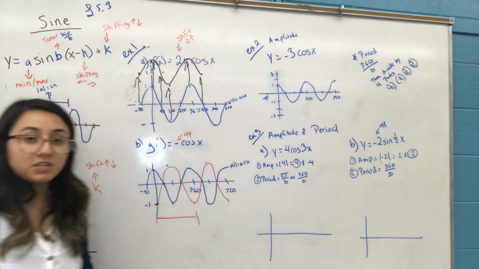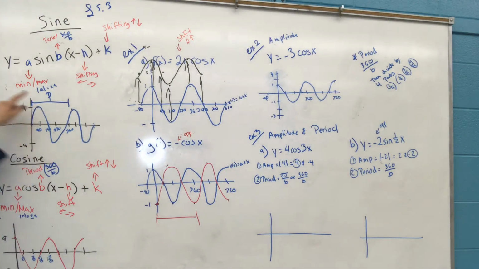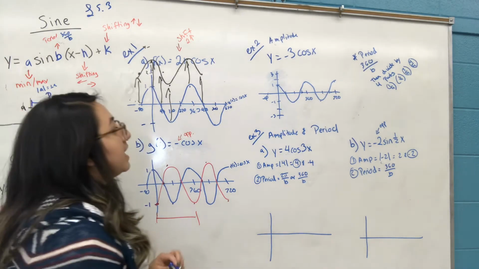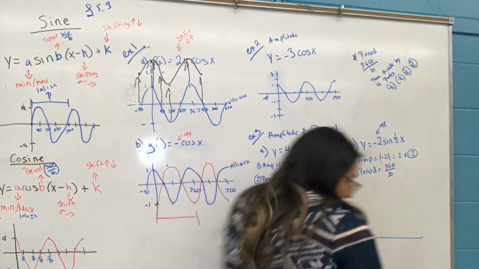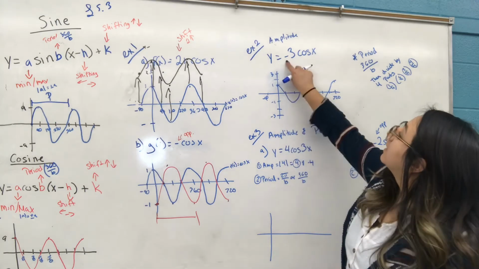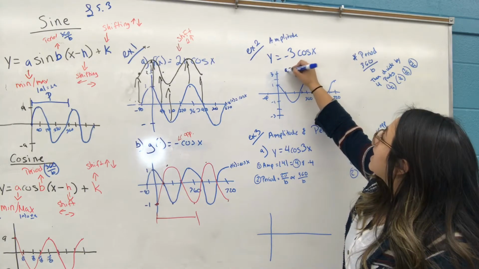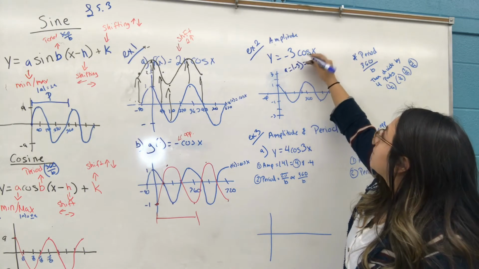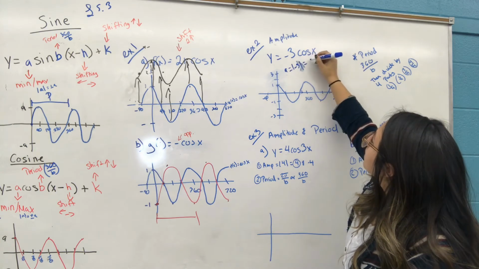Amplitude, if you look back at these over here, is the minimum and maximum point. So it starts and it ends at whatever point. In this case, our maximum point and minimum point is -3. So that means A is equal to the absolute value of 3, which is 3.